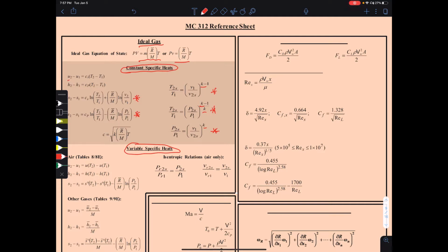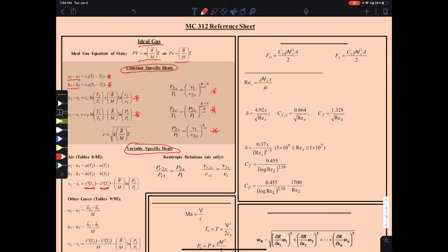And then our change in internal energy and our change in enthalpy equations should be familiar from your MC311, and simply equal to the specific heat at constant volume times change in temperature for change in internal energy, or the specific heat at constant pressure times change in temperature for change in enthalpy. Some new concepts are variable specific heat. So now we have our S degree at temperature T, which we get from table 8 or 8 echo, depending on the unit system we're in.